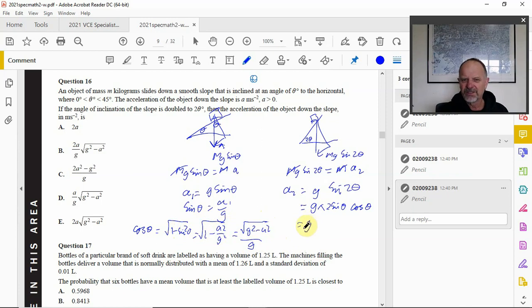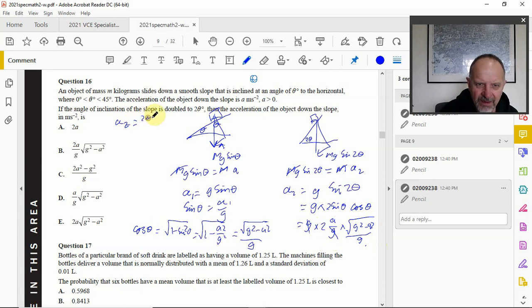So we've got g times 2a on g times the square root of g squared minus a squared all over g. We've got a g up there and a g there that can cancel. So a2 is 2a on g times the square root of g squared minus a squared.